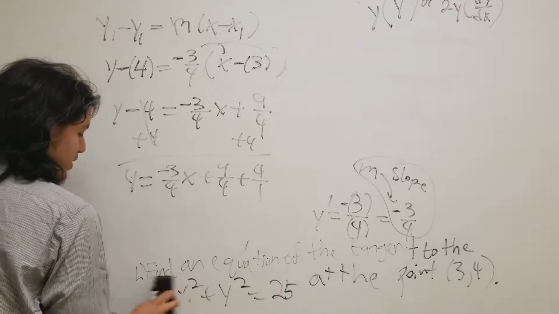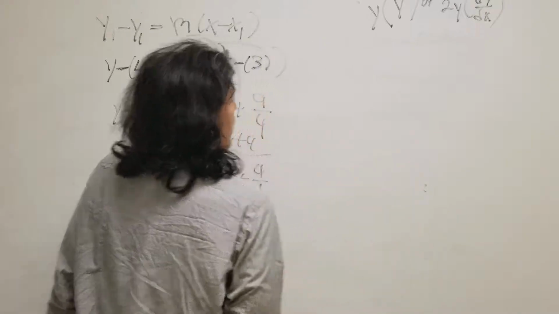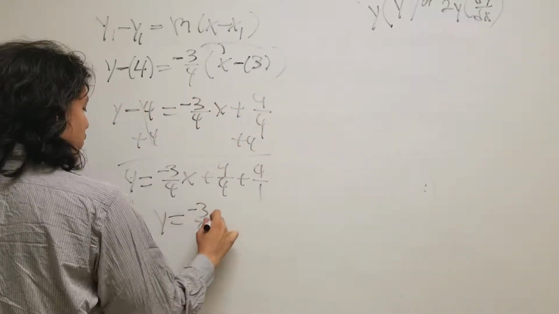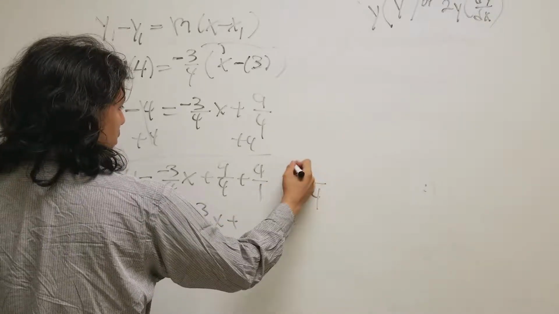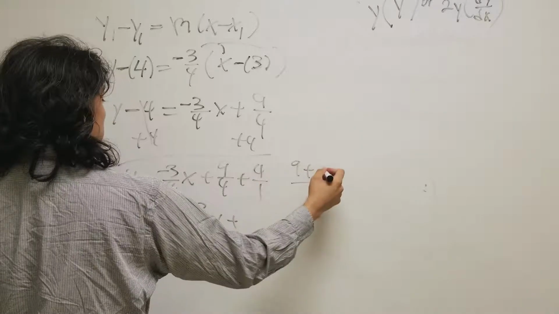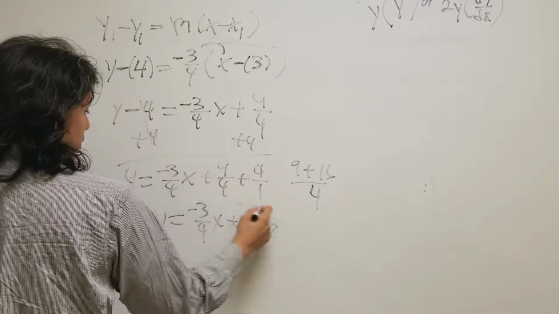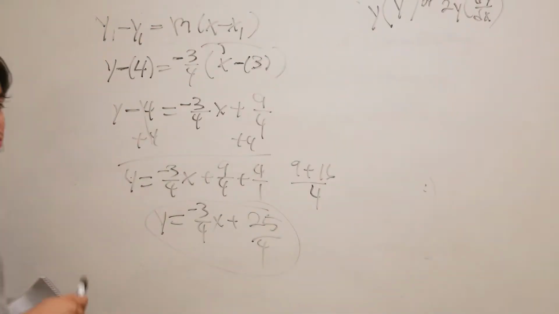Using the LCD, which is 4, 9 plus 16 is 25 over 4. So y equals negative 3 over 4 x plus 25 over 4, and that's the equation of the line that touches the circle at the tangent.